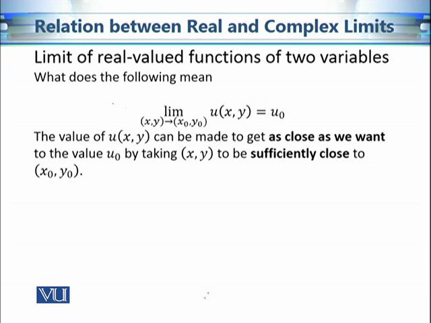In other words, the functional values u of x y can be made as close as we want to the value u0 by taking x y sufficiently close to x0 y0. So whenever we are approaching this point x0 y0, the functional values are extremely close, as close as we want, to this value u0.